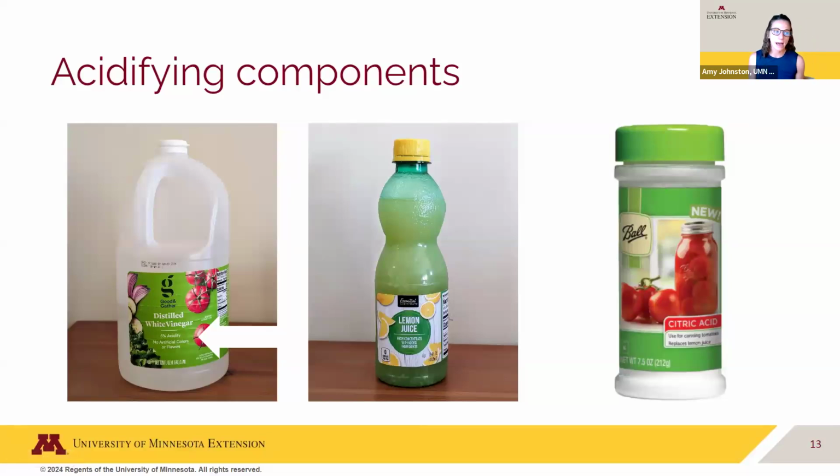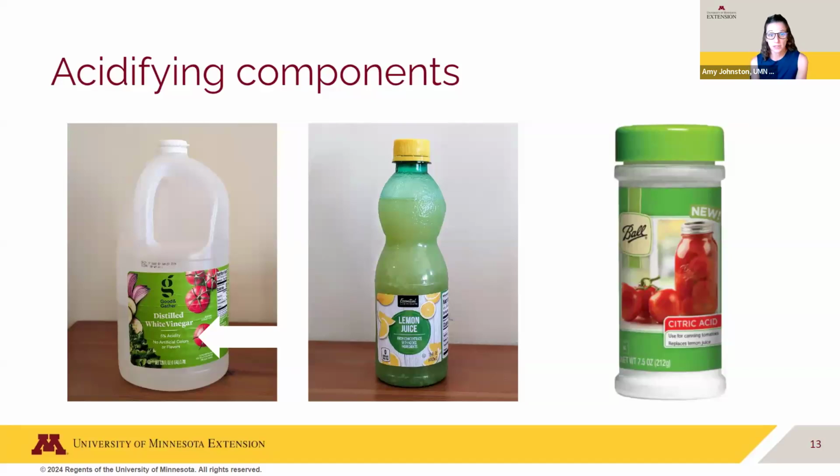There are three common acidifying components used in making acidified foods. And those are vinegar with a 5% acidity or 5% acetic acid, lemon juice, and citric acid. Vinegar, with that 5% acidity, has a pH between 2.0 and 3.4, so very acidic.